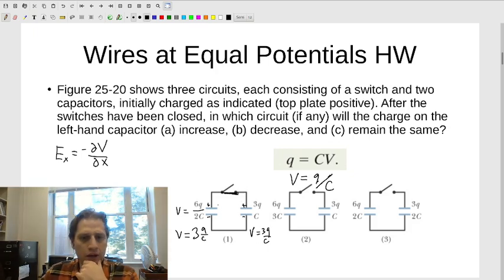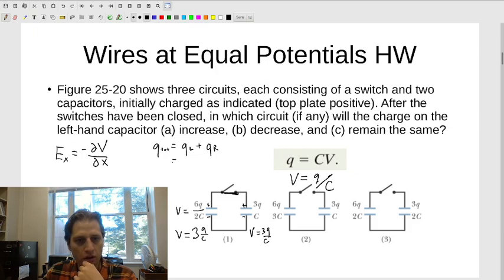Well, as it turns out, we know when we close up this switch that the total amount of charge is going to stay the same. So my Q total is going to be my Q on the left plus Q on the right.